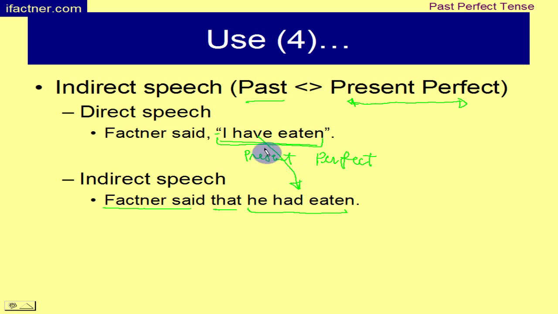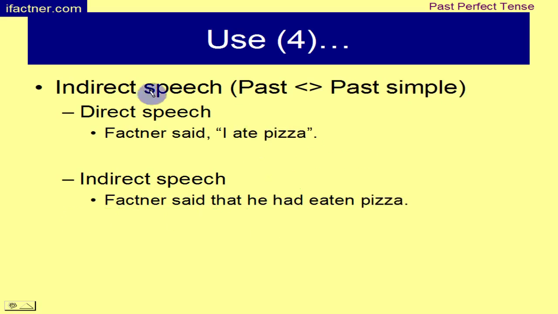Present perfect is changed into past perfect. Similarly, if the direct speech is in past simple, then it would also change into past perfect tense in the indirect speech.